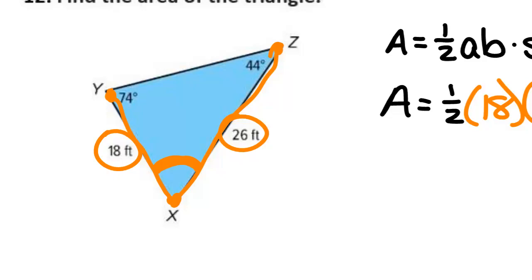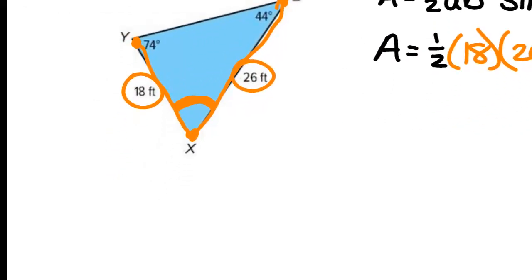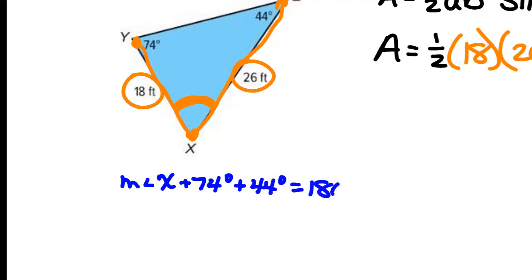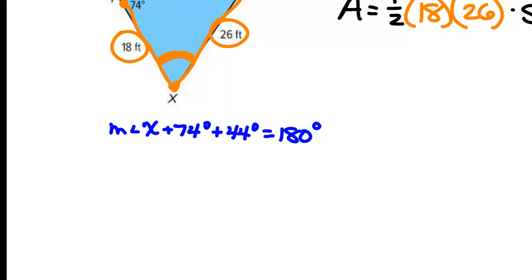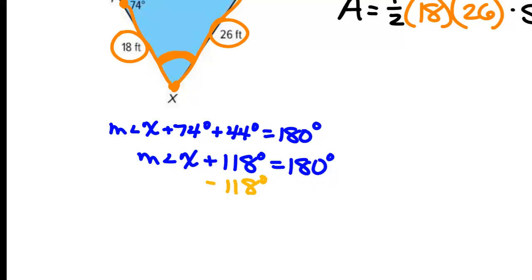Because we know that all three angles in a triangle add up to how much? 180. So the measurement of angle X plus 74 degrees plus 44 degrees equals 180. So the measurement of angle X plus 118 degrees equals 180. And then I'm going to subtract 118 from both sides.